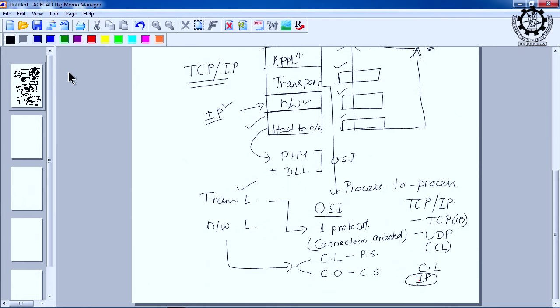And just the reverse in case of the transport layer, where the OSI model supports only a connection oriented protocol, the TCP/IP reference model supports both connection oriented as well as connection less protocols. So, you have TCP and UDP. So, this is the difference between your two reference models. Those are very popular these days, the OSI reference model and the TCP/IP reference model.